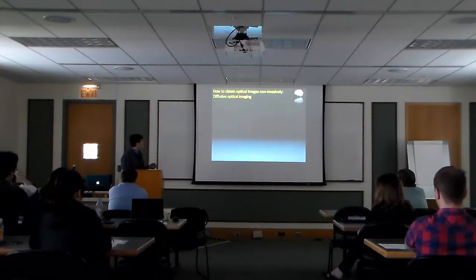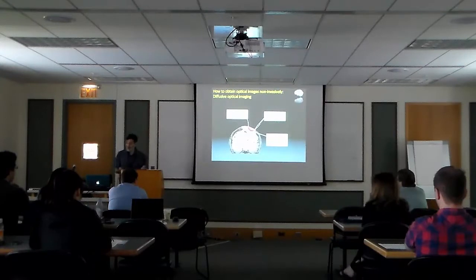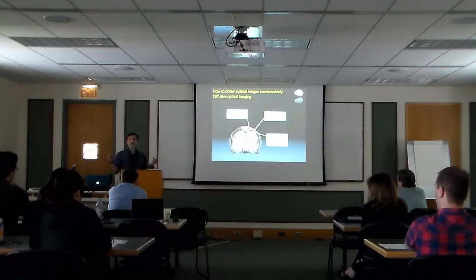So how do we obtain optical images non-invasively? And the principle here is based on the basic principle of diffusive optical imaging, which is separating sources and detectors. So here, the reason why we cannot see each other's brain, in part, is because we have a diffuse source of light that illuminates all the head.